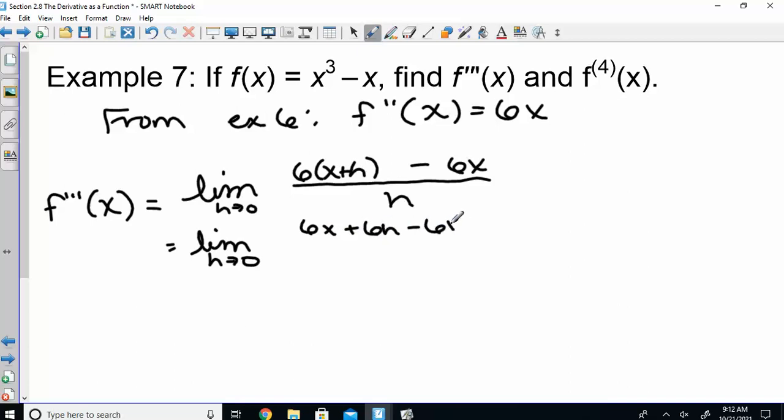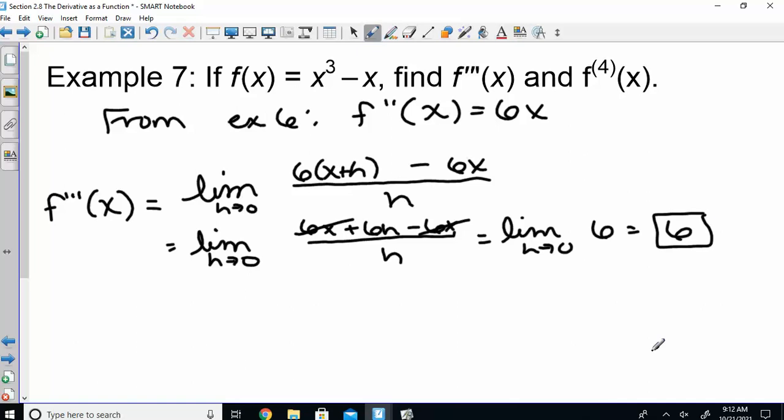So we get 6x plus 6h minus 6x all over h. What happens? 6h. And 6h divided by h is 6, so we get 6 for the answer. If you have a limit of a constant, it's just that constant value.